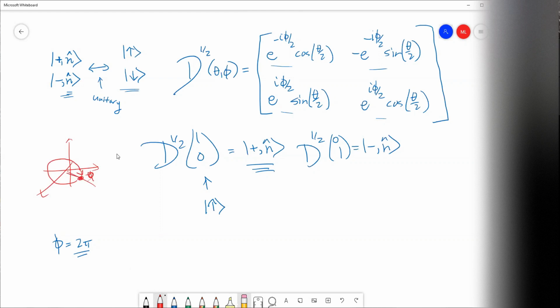But if you stick that in here, D^(1/2) becomes, well, let's make theta equal to 0, or maybe pi over 2.